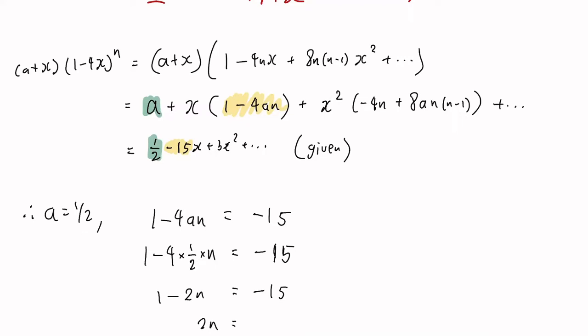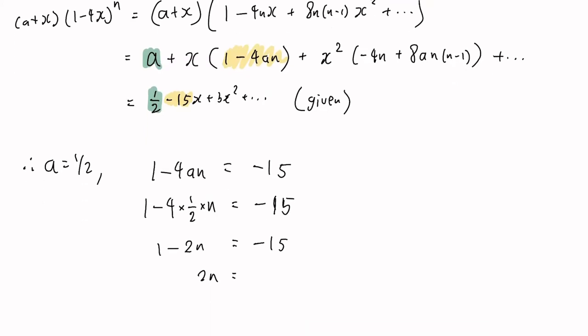Solve for n. Plus 15, 16. n equals 8. Sub a equal to half. Are we done with a and n? Just a and n? Yeah.